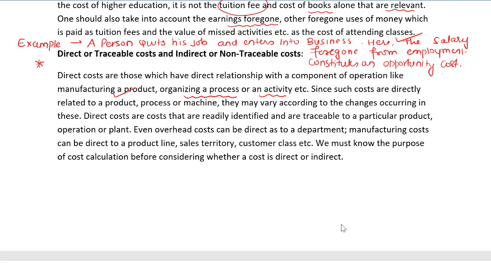Since such costs are directly related to the product, process or machine, they may vary according to the changes occurring in these. Direct costs are costs that are readily identifiable and traceable to a particular product, operation or plant. Even overhead cost can be direct to a department. Manufacturing cost can be direct to a product line, sales territory, customer class. We must know the purpose of cost calculation before considering whether a cost is direct or indirect.